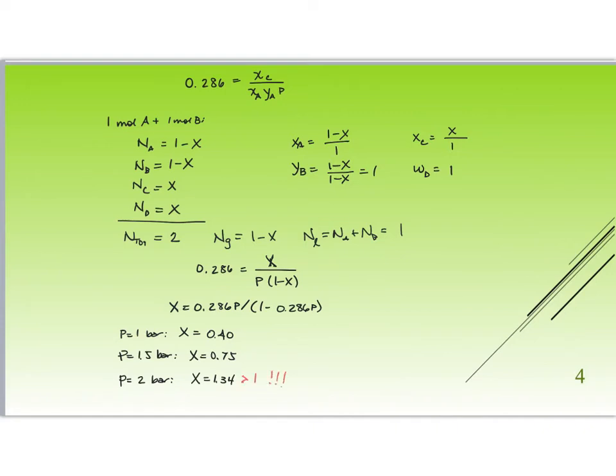That's greater than 1. That's not possible. So what does this even mean? Well, the problem is that as I proceed with this reaction, P is likely to change. I'm going to have to continually shrink down the volume to keep up with the pressure needs as the gas disappears.